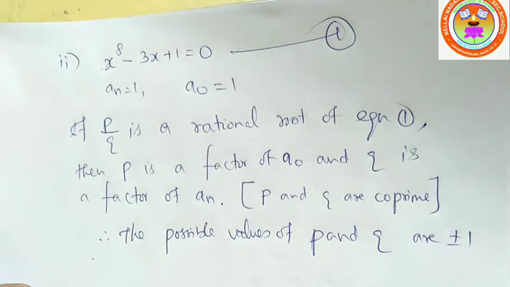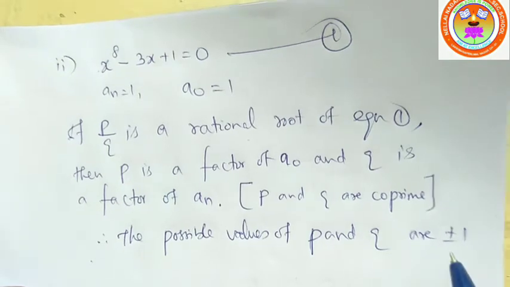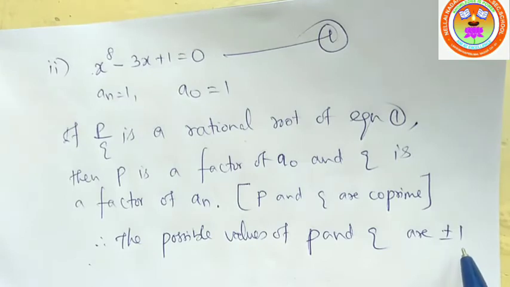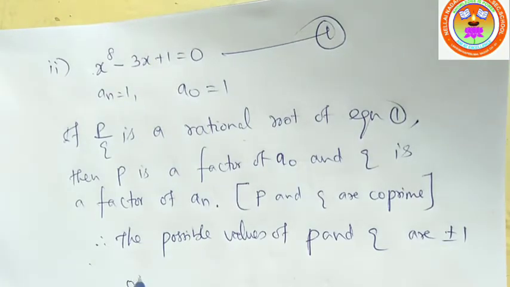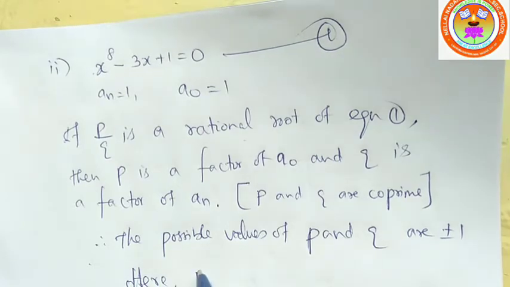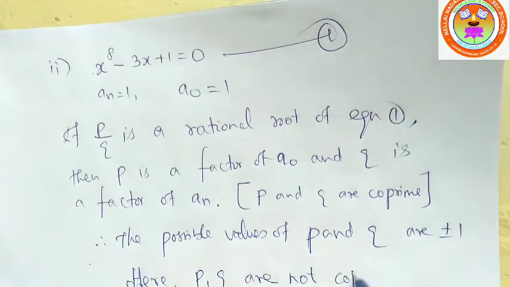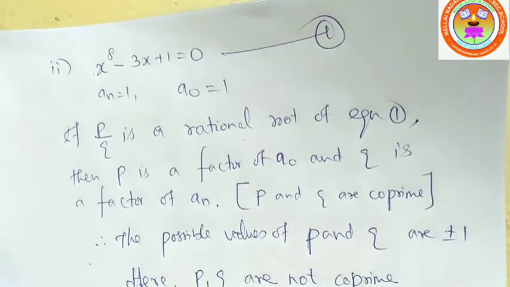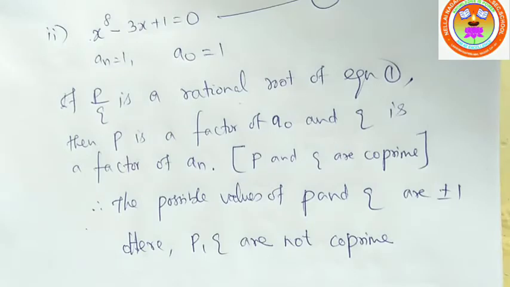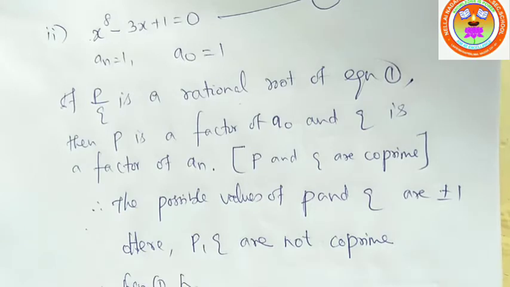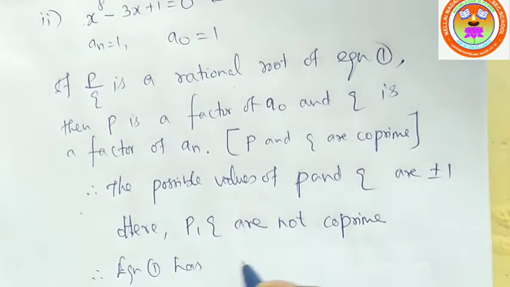Plus or minus 1. But these two numbers are not co-prime. Therefore, here P and Q are not co-prime, because 1 is not a prime number. Therefore, equation 1 has no rational root.